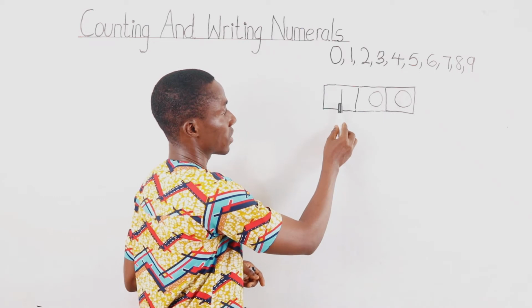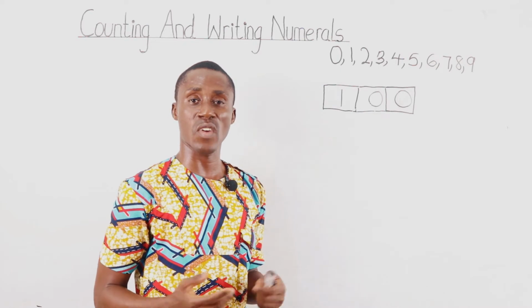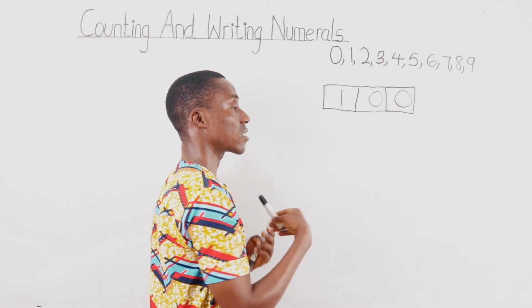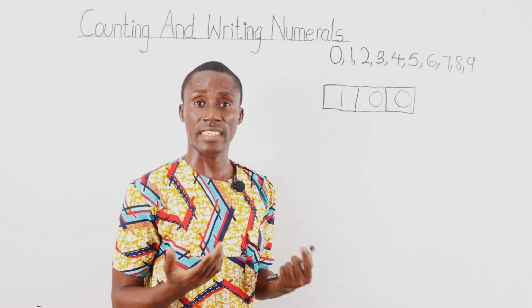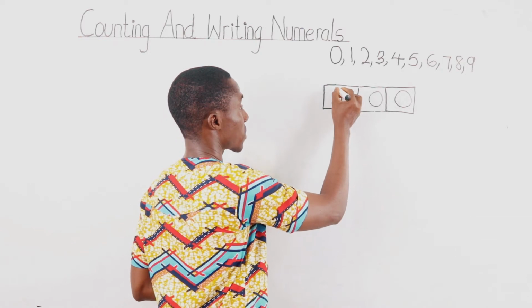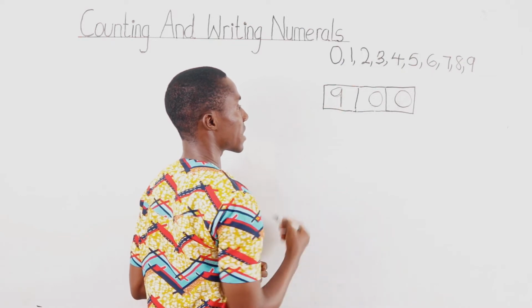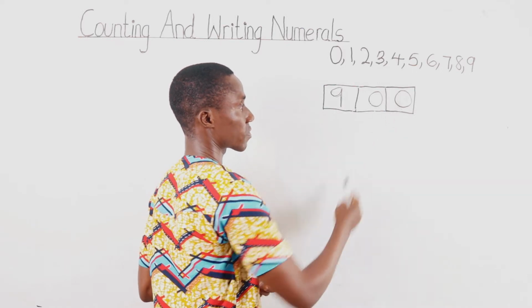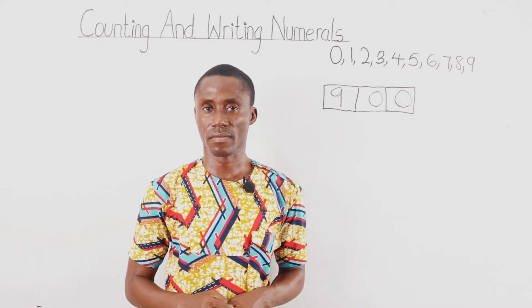When we see 2 in this new number place, it actually means 200. 3 will mean 300, 4 will mean 400, until we get to 9, which will be 900.